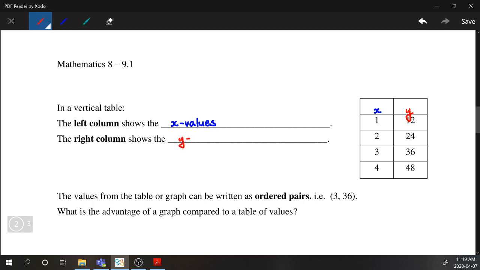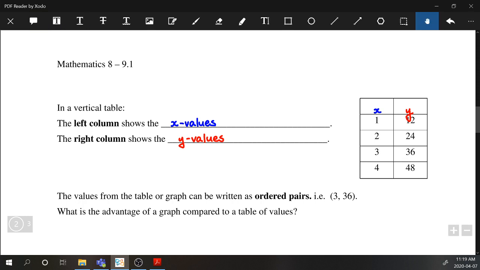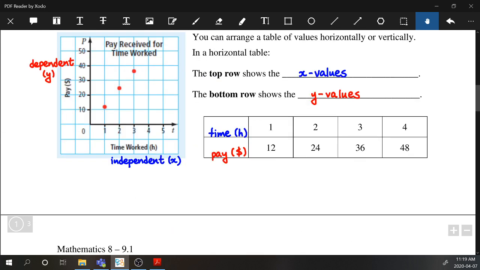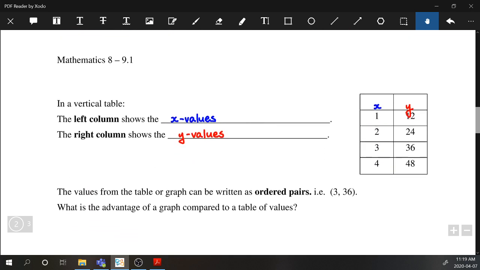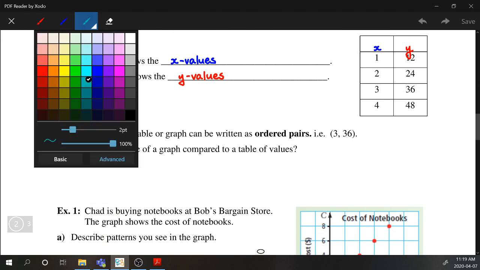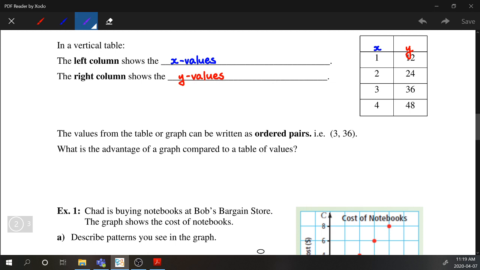So the idea here is we can use a table of values that demonstrates a linear relation as we have here, or we can put it in a graph. The advantages of the graph are, one, it is more visual, and number two, it will be much easier to see patterns.